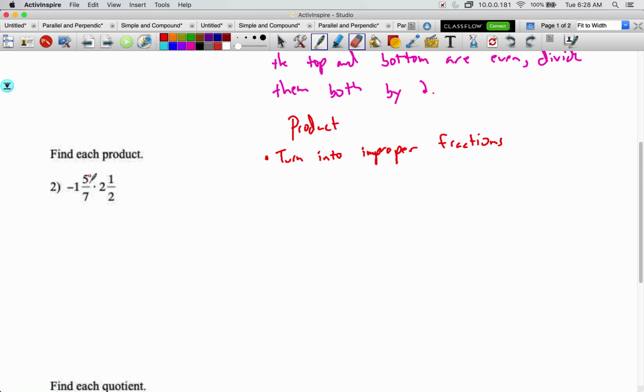But if they're given as mixed numbers, turn them into improper fractions. And then we're going to multiply straight across the top and bottom. And then we will simplify.